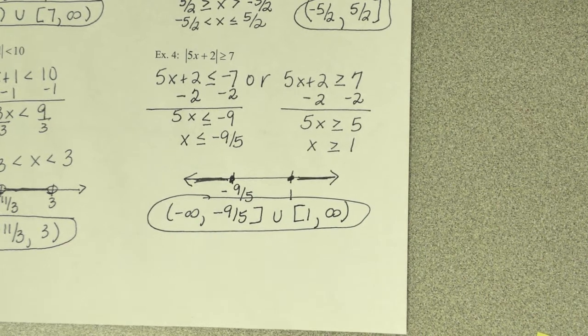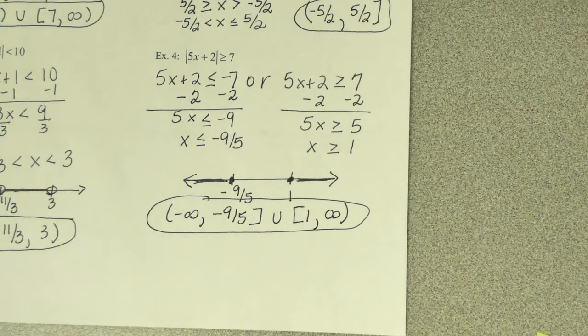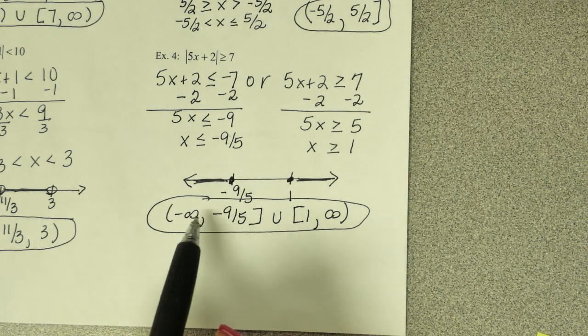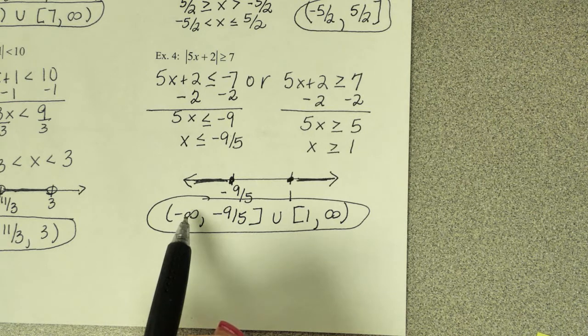Why are we using parentheses around infinity and negative infinity? Yes. It already implies it goes on, and there's no set number that it stops at. Exactly. So we can't ever use a bracket around infinity because that means that we're including it, and you can't truly ever include infinity.